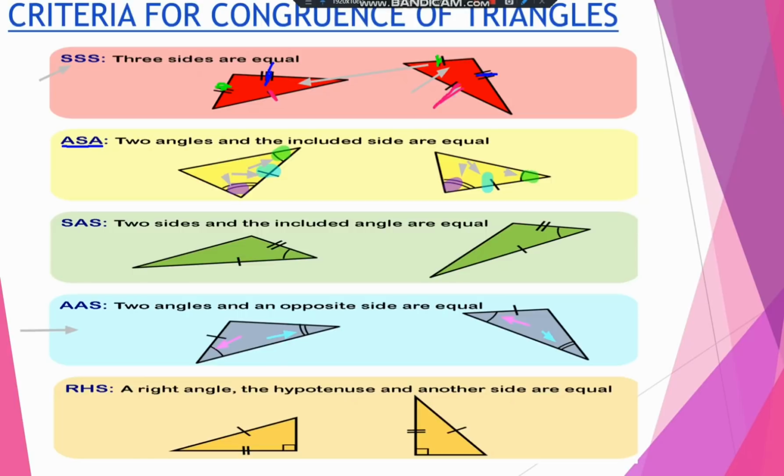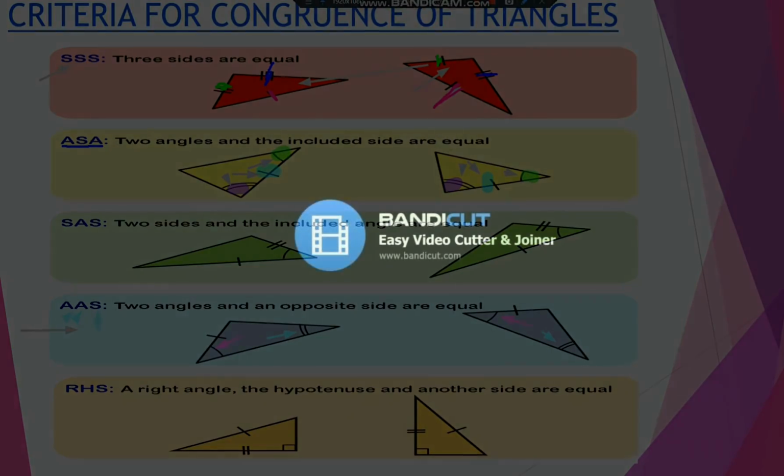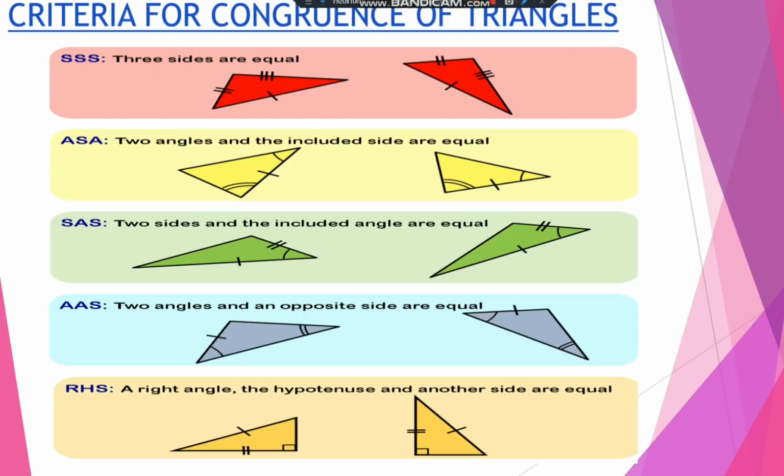So we have two A's here, you can see two A's here are equal, and then comes the S. So in AAS we have one is this angle equal to this angle, then this angle equal to this angle, and then this side equal to this side. So angle 1 equal to angle 2, angle 3 equal to angle 4, and side 5 equal to side 6.